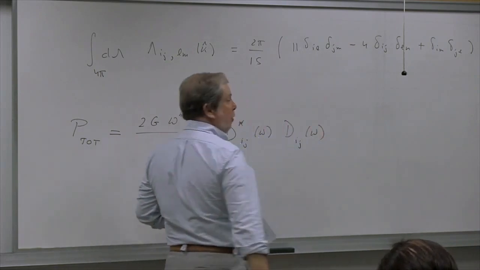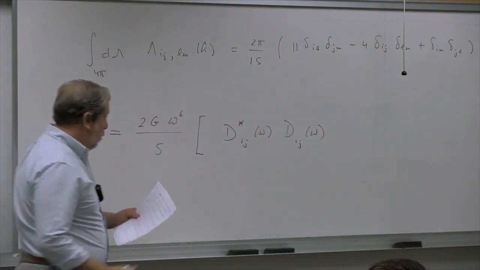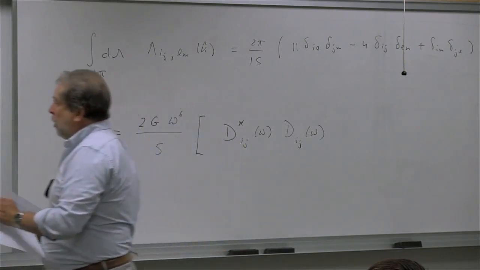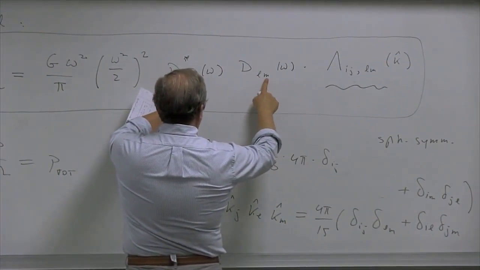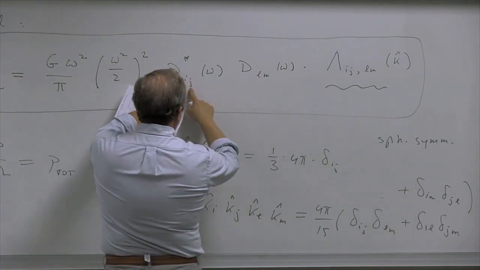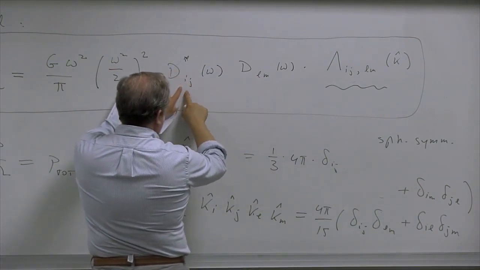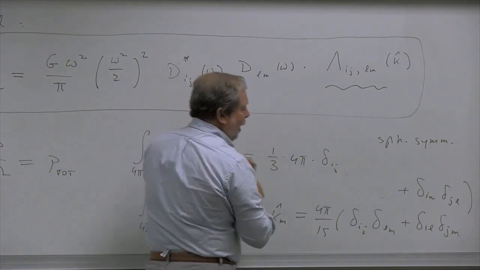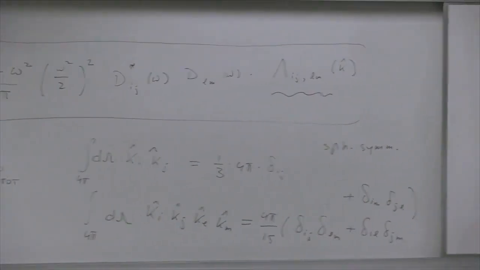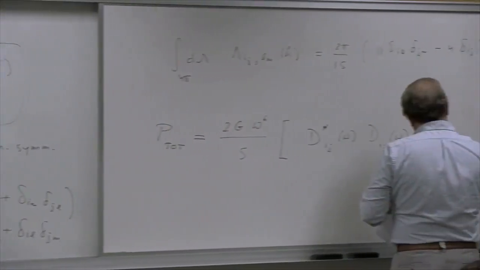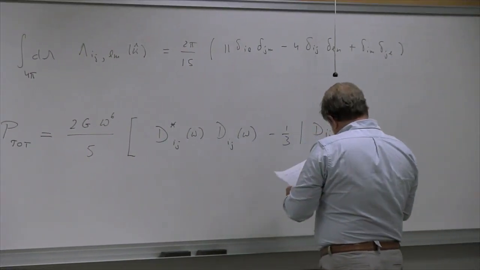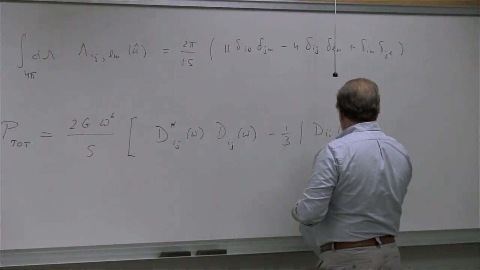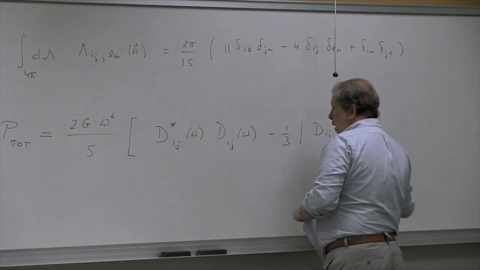So now there's just those two contractions. The only possibility you can have is that the first two indices are contracted, the second two indices are contracted, or of course you can have this index equal to that, and that index equal to that, and that's the next term. So that gives minus a third, and then you have the dii of omega, and then that squared, and then close parenthesis.